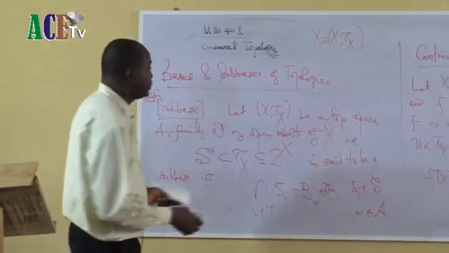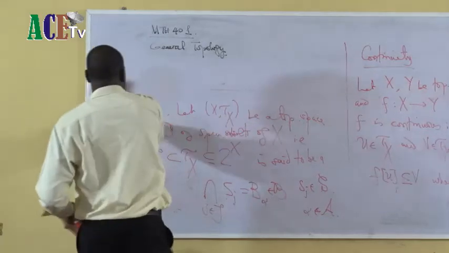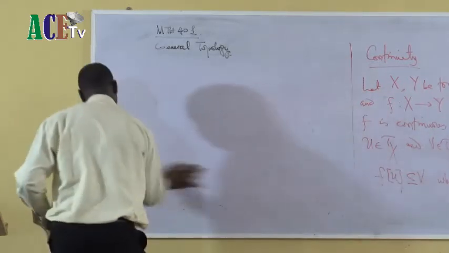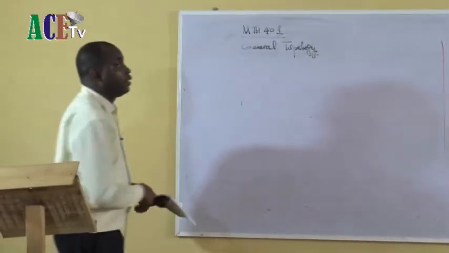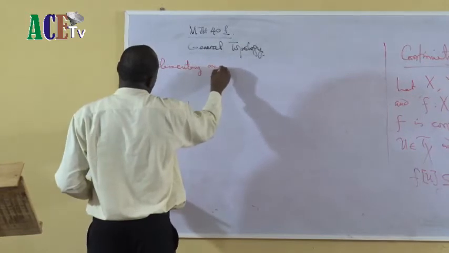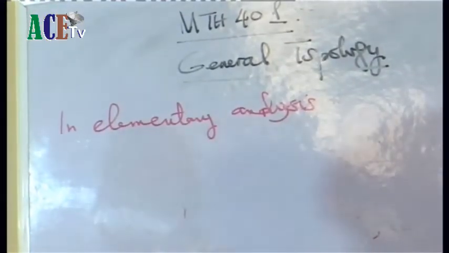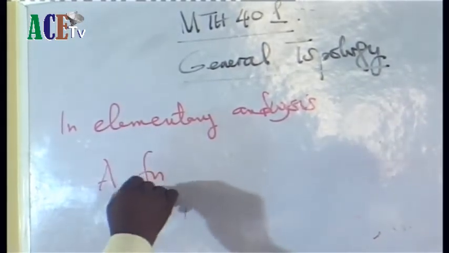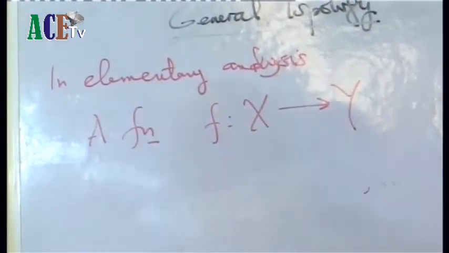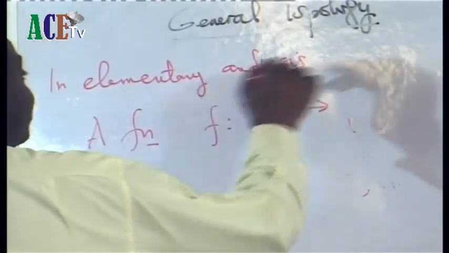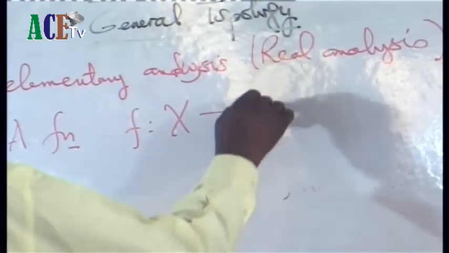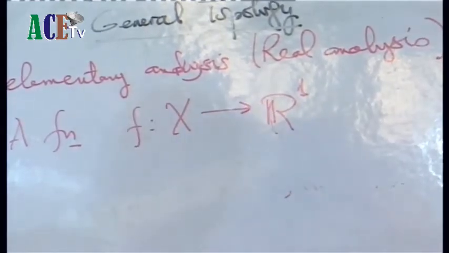In elementary analysis, we define continuity of a function, please accept my abbreviation, a function f from X to Y, most times in real analysis, we always map X to the real line.